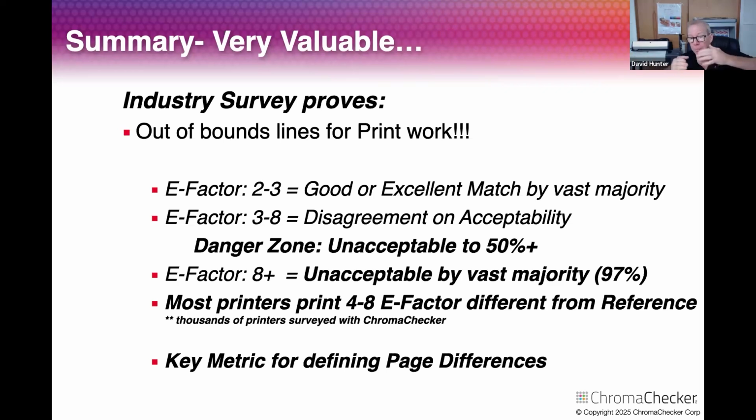And that 3 to 8, if your printer is printing between a 3 and 8 E-factor to, let's say, Grackle or to another print, that's where you're crossing your fingers and your toes, hoping the printer is going to accept it. Because 50% of them will not, because it'll be too much difference, and that causes waste, and that causes non-sustainability, and that causes your company to lose a lot of money. So E-factor is a key metric for defining page differences.